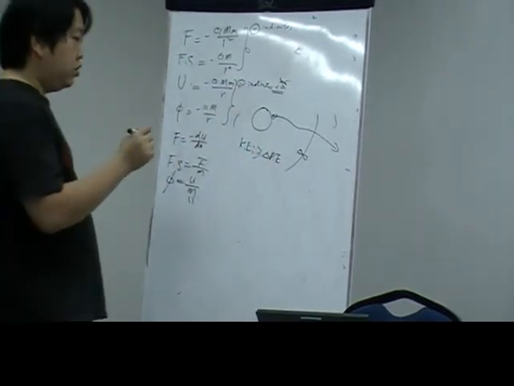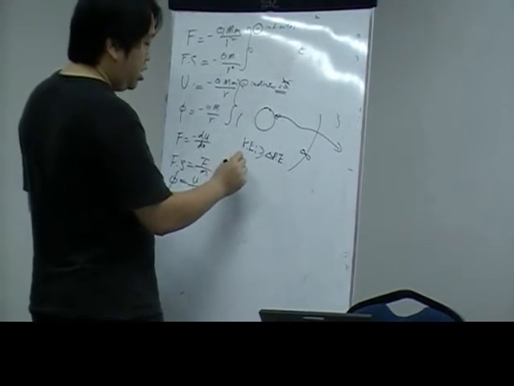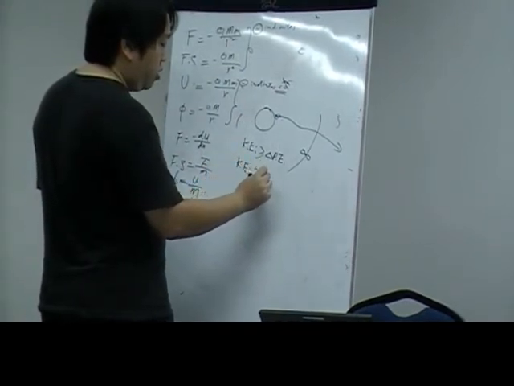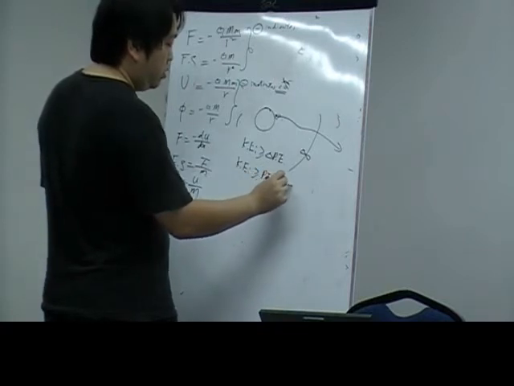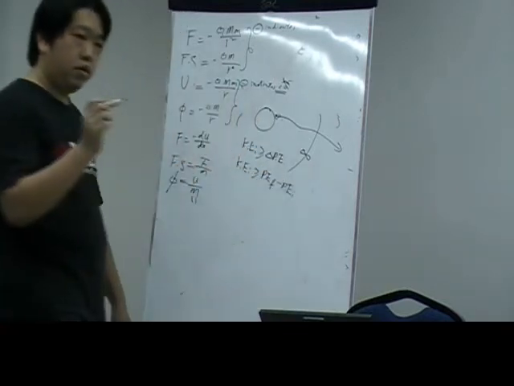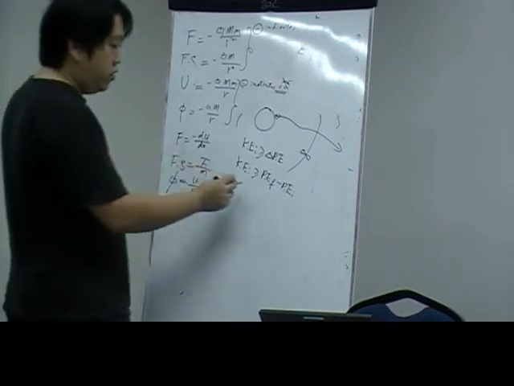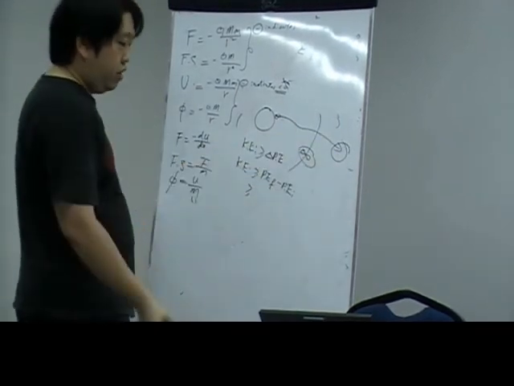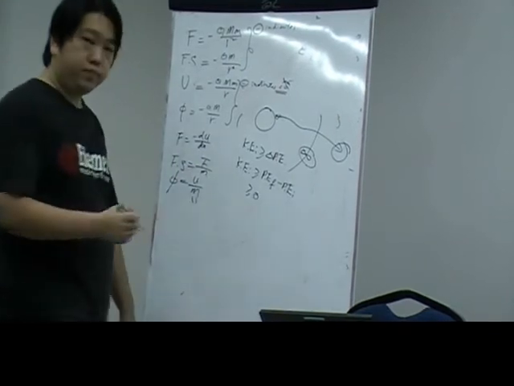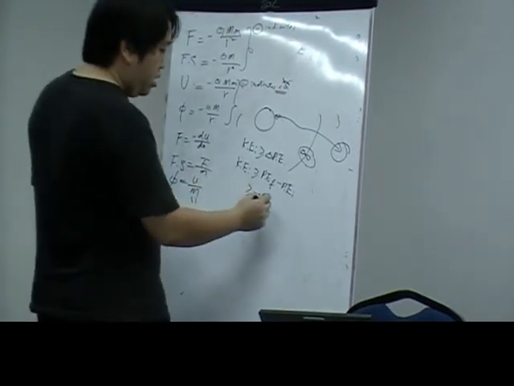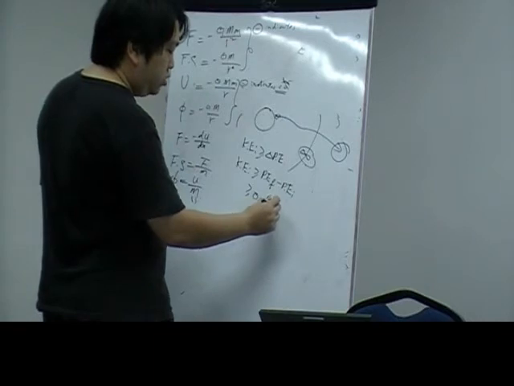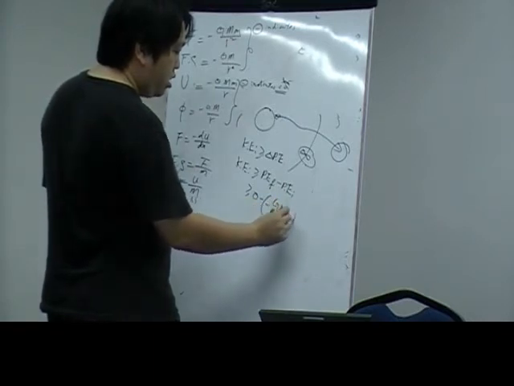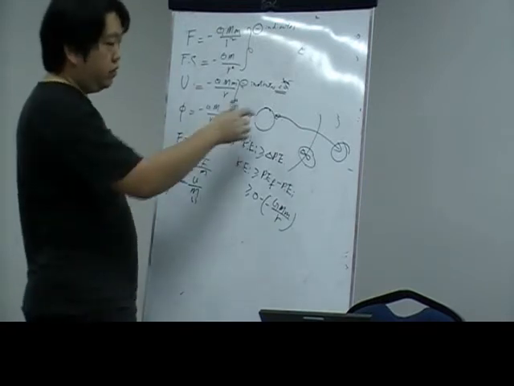So KE must be greater than or equal to PE final minus PE initial. PE final is at infinity, which is treated as 0, and the initial is minus GMm over r, which is at the surface here.